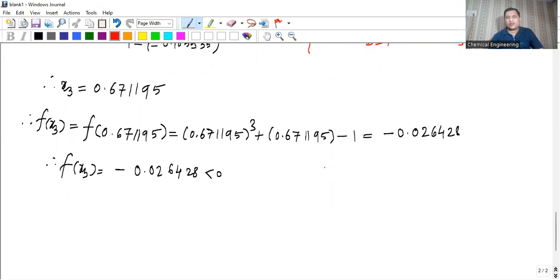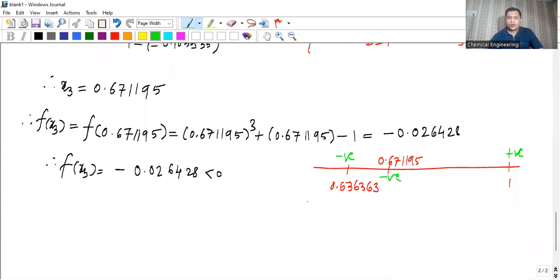Okay, so again we have to think. It was 0.636363 and 1. Here it was negative, here it was positive. And now we got another point, 0.671195, and this is again negative.